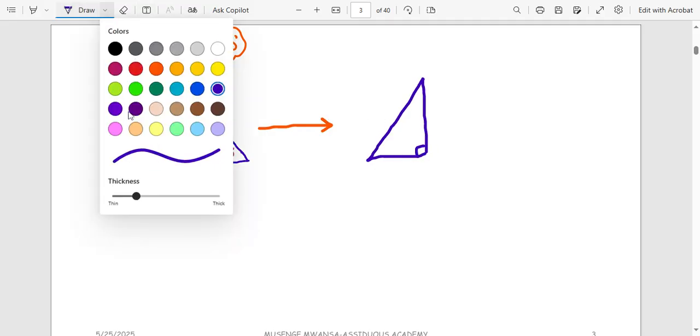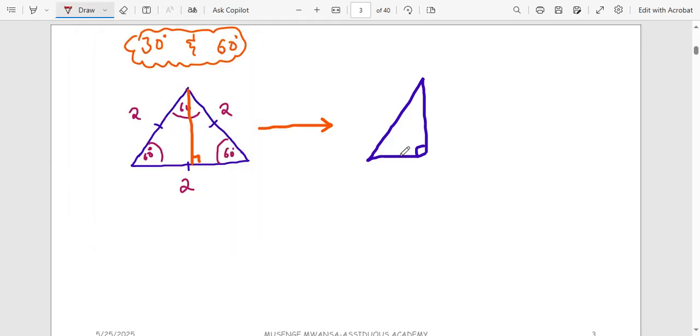For the other angles, this is still 60 degrees. But remember the 60 on top we divided in two halves, so what has remained is 30 degrees. Remember this side was 2. And since the distance at the bottom was 2, but we divided it into two halves, this is going to be 1.